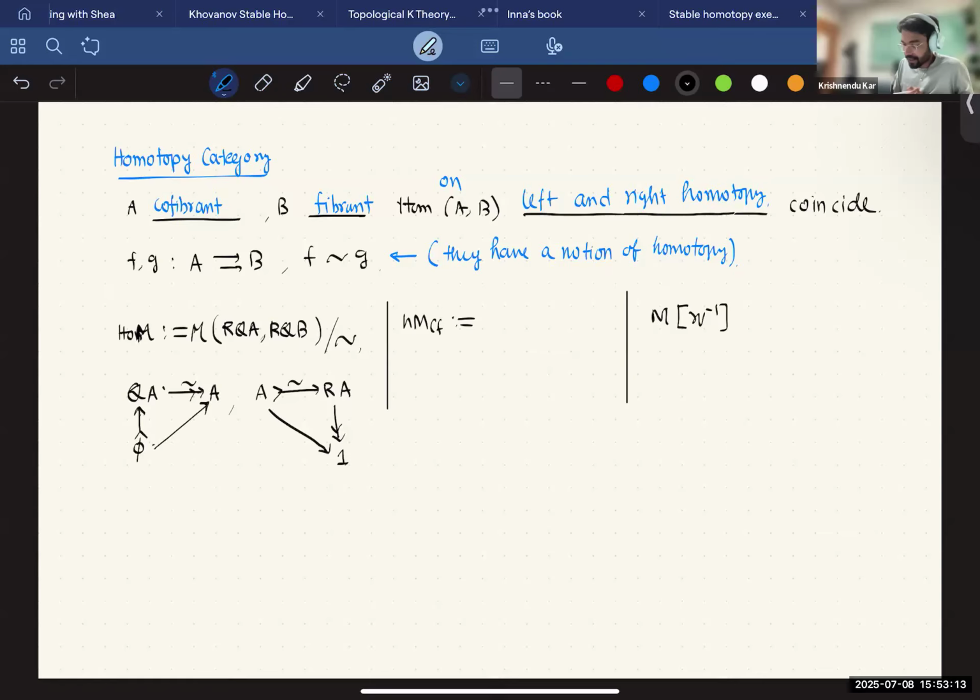Now, to state that Q and R give a natural transformation from Q to the identity on M, we need the fact that it's a functorial factorization. Otherwise, we can't conclude. Do you guys see this?